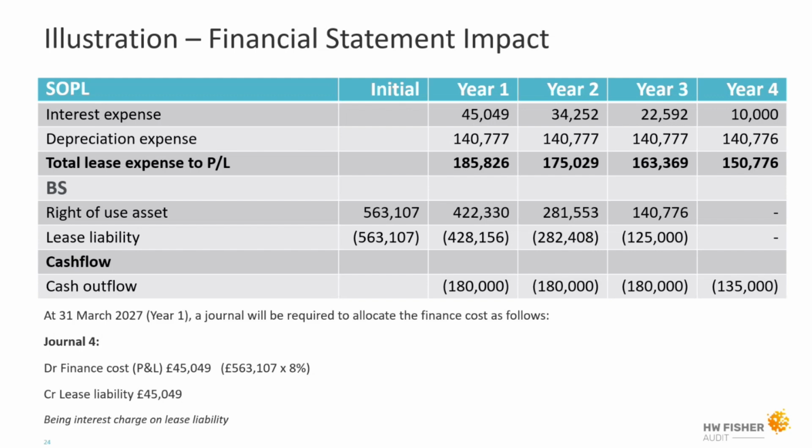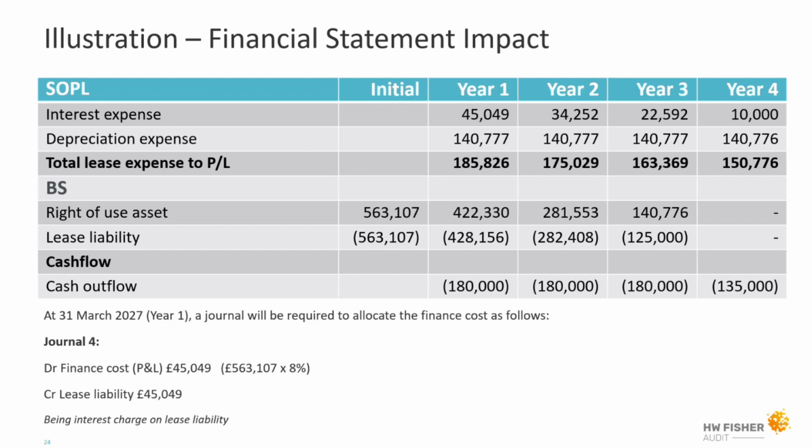So you unwind that now. We've unwound that at our 8%. So our lease liability has been reduced. You can see our cash outflow has stayed the same. So we've got £180,000 a year. So that's what we're paying. But that is different to the expenses that are being recognised, because we're paying out that £180,000. And then we've got that final 3/4 of a year at the end there.